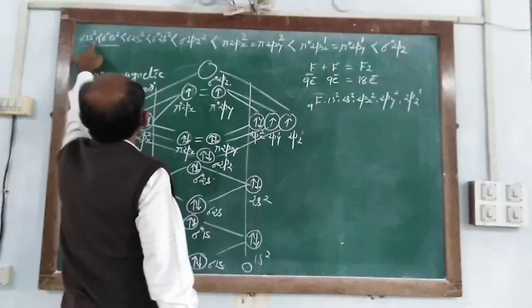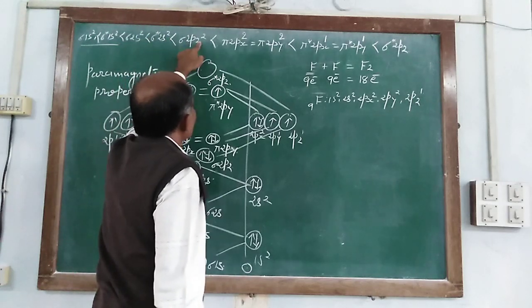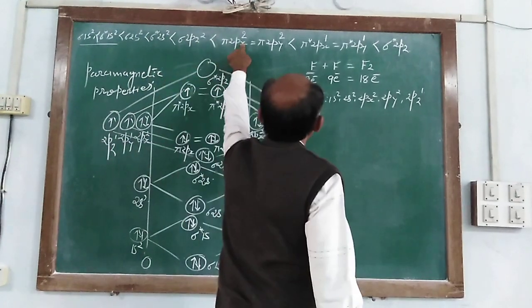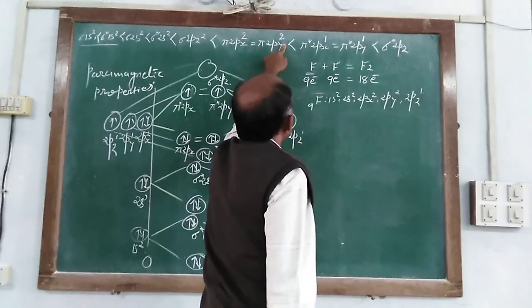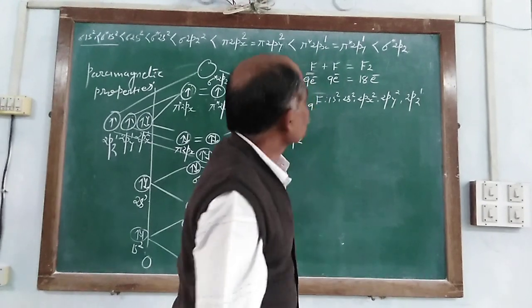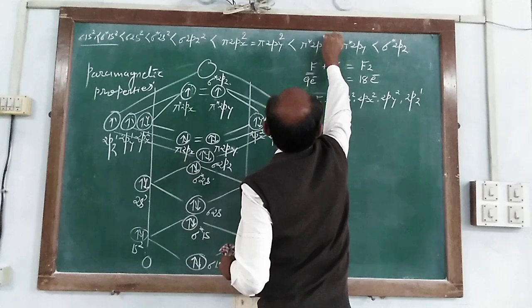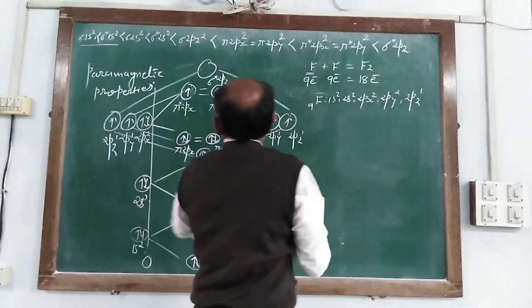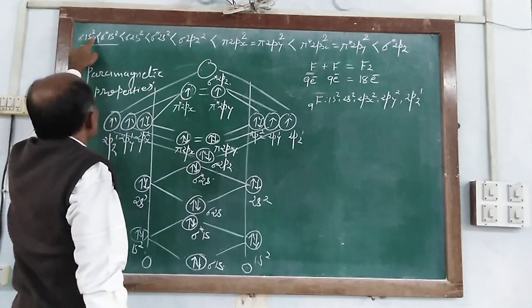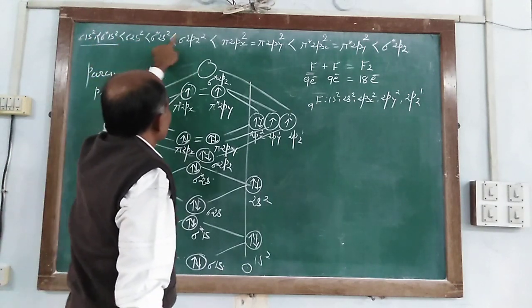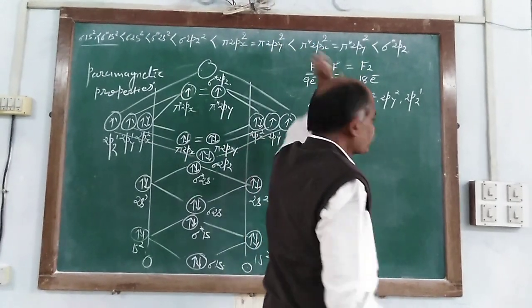So here 2, 4, 6, 8, 10, 12, 14, here 2 and 2 electrons. So it is 2 plus 2. So here we calculate 2, 4, 6, 8, 10, 12, 14, 16 and 18.